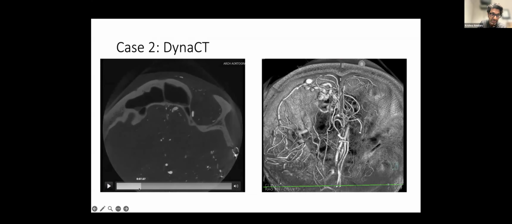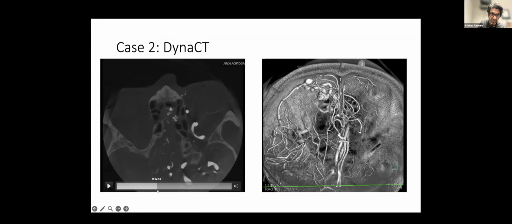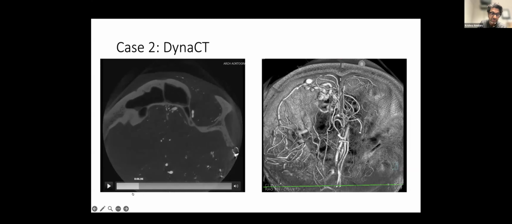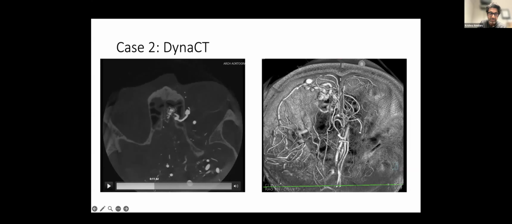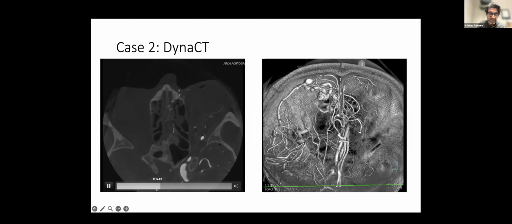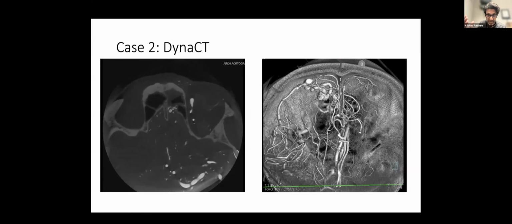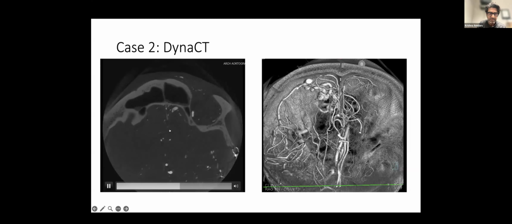And so if the clip is placed too proximally, then there will always be a residual fistula, and might lead to persistent arterial pressure in this venous pouch.